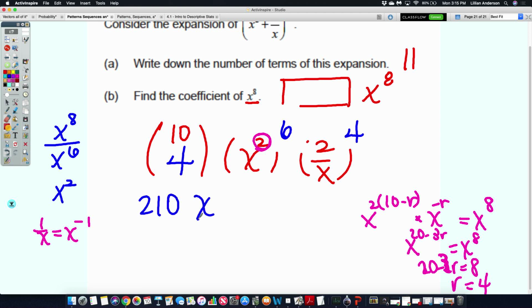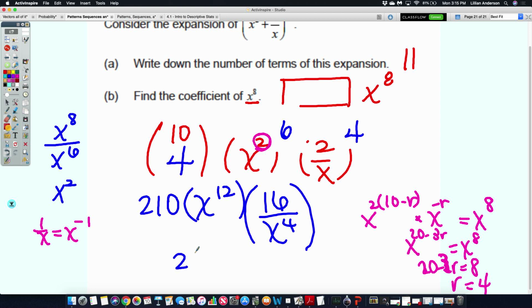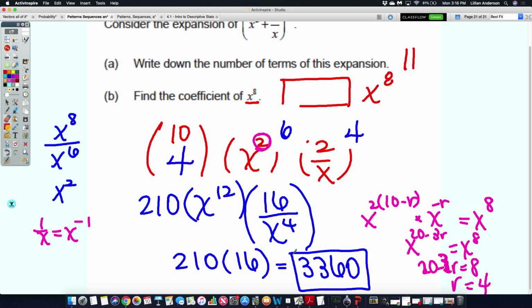This becomes x to the 12 times, what's 2 to the 4? 16. 16 over x to the 4. We already know that this is going to give us an x to the 8. So all we're really doing is multiplying 210 by 16. What's 210 times 16? And that's our coefficient.